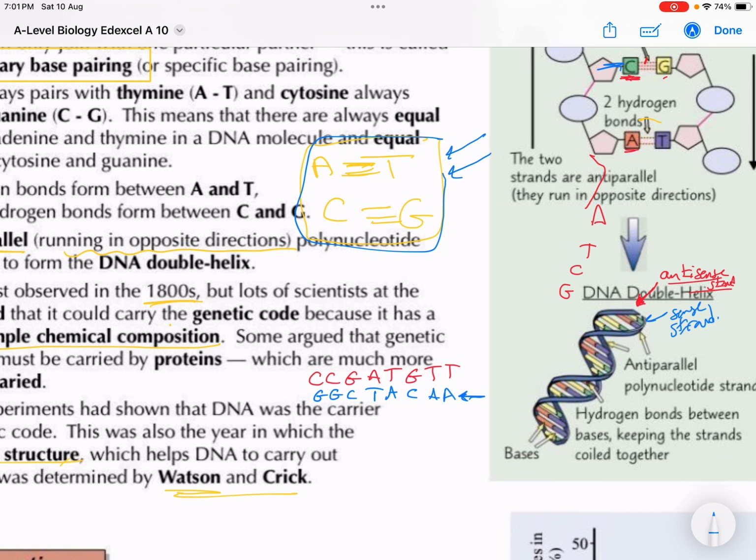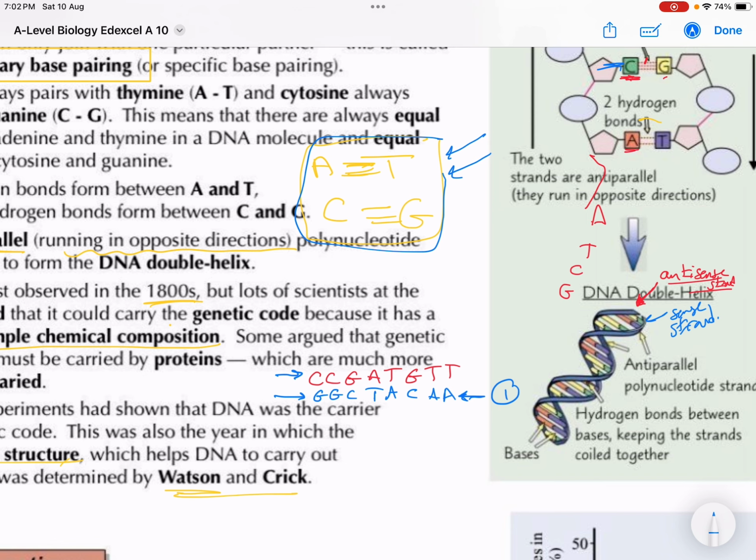Guys, that's a question that's also frequent in the exams. They may bring you the code of one strand and ask you to predict the code of the other strand, and you just follow the complementary base pairing. That's a 1 mark question that everyone would definitely get.